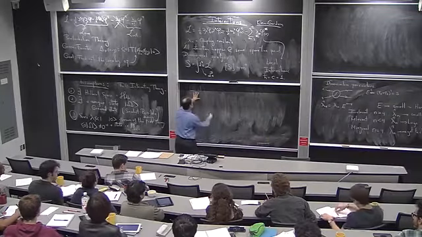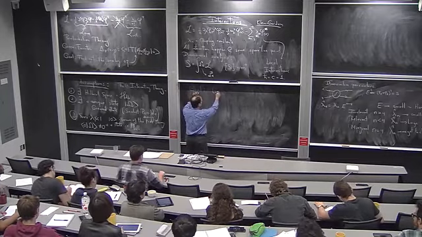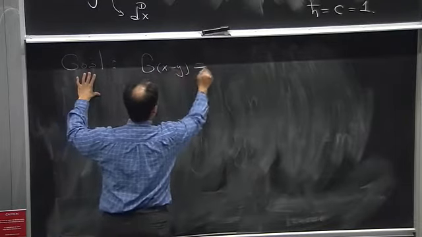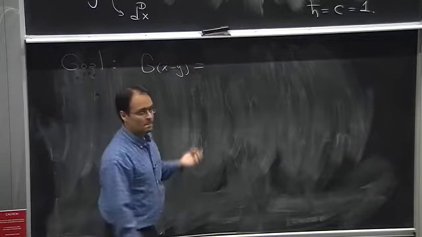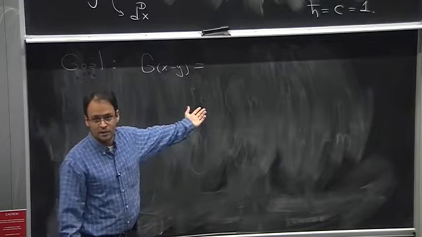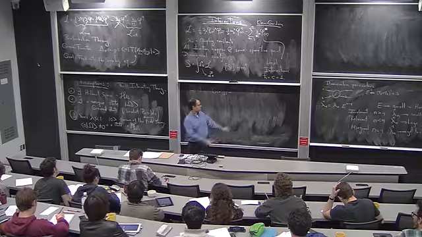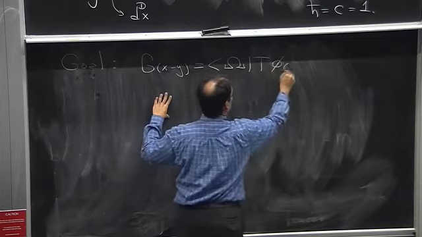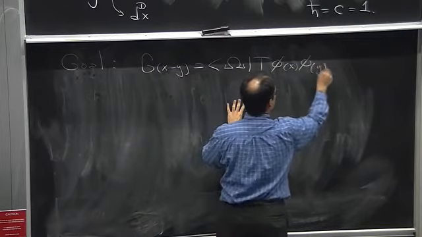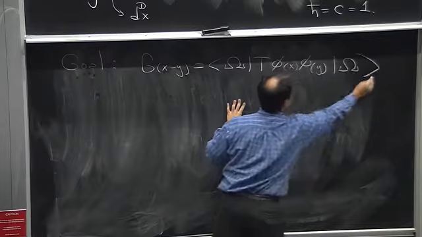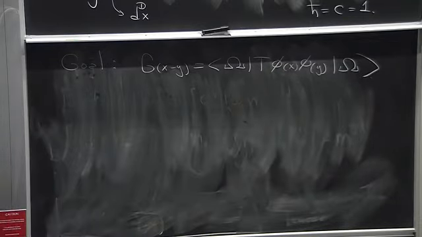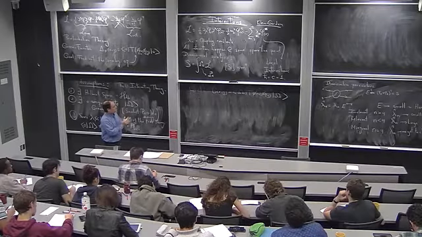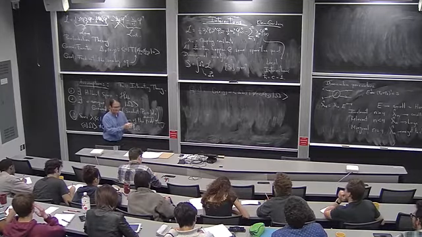But that's part of what we're going to do. So the goal is to study the analog of the Green's function, but now for the full interacting theory. So in the case of the full interacting theory, what is the thing we have to compute? So this is the object we want to compute. And how do we start and compute it? Well, you stare at it for a while, and then you say, well, I have no idea what to do.